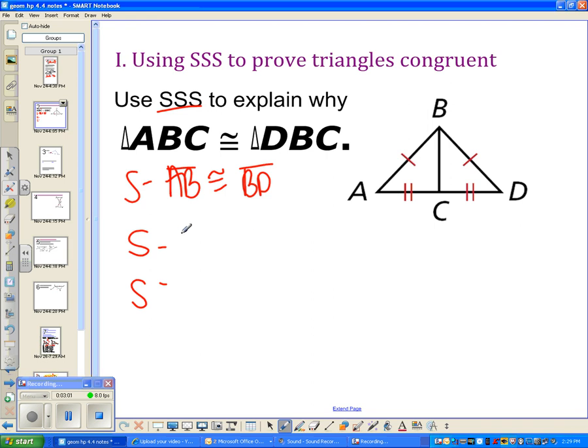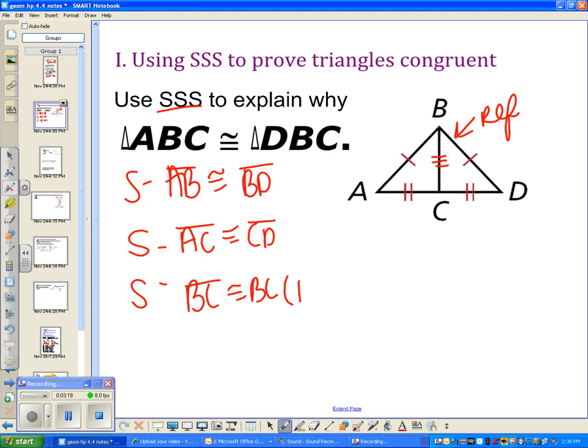It's also already given that AC is congruent to CD. Also sweet. Where's that third side? Well, remember, BC is in both triangles. It's touching both triangles, and it's congruent to itself by the reflexive property of congruence. So I can say that BC is congruent to BC by the reflexive property of congruence. And thus, the triangles are congruent to each other.